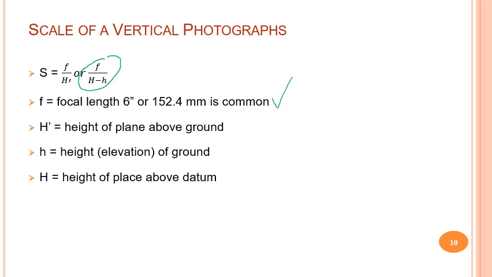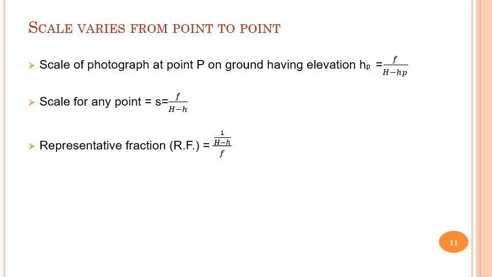H dash is the height of the plane above the ground, small h is the height or elevation of the ground, and capital H is the height of the plane above the datum. The scale varies from point to point.